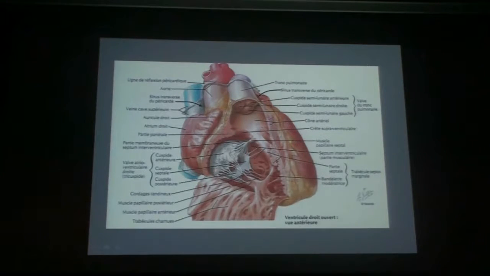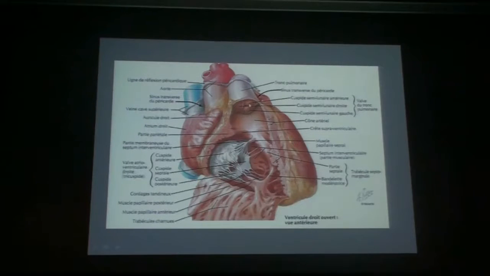So you have to search for anomalies of the wall, and we'll see that later with other presentations, especially in this triangle that goes from the apex of the right ventricle to the base of the right ventricle, where you find the tricuspid valve, to the top of the infundibulum, where the pulmonary trunk originates.